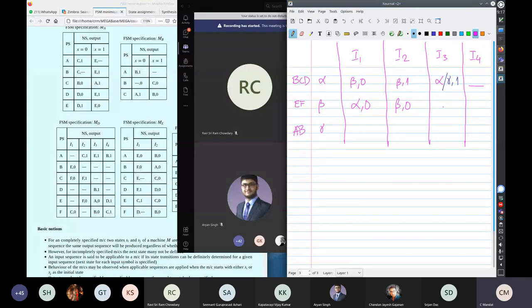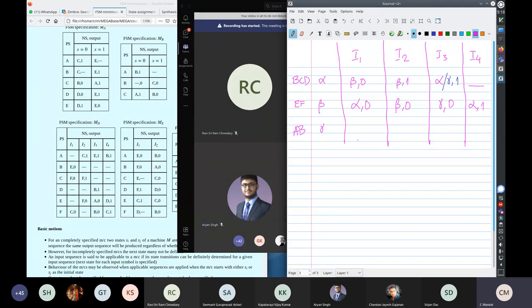It's AB, and the output is 0. And this is CD, which is alpha, and the output is 1. And AB, okay.